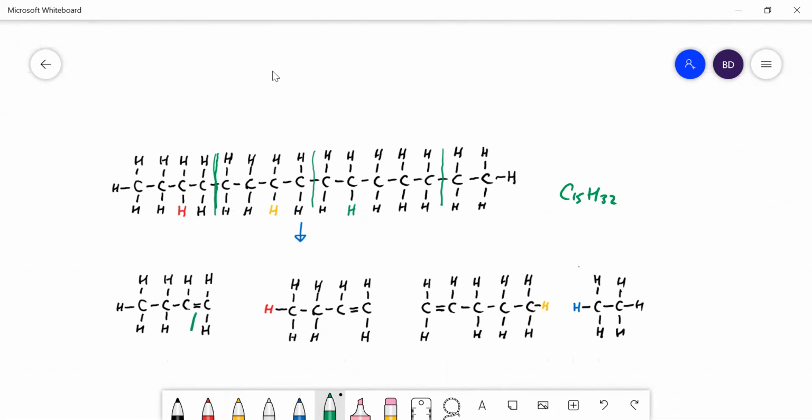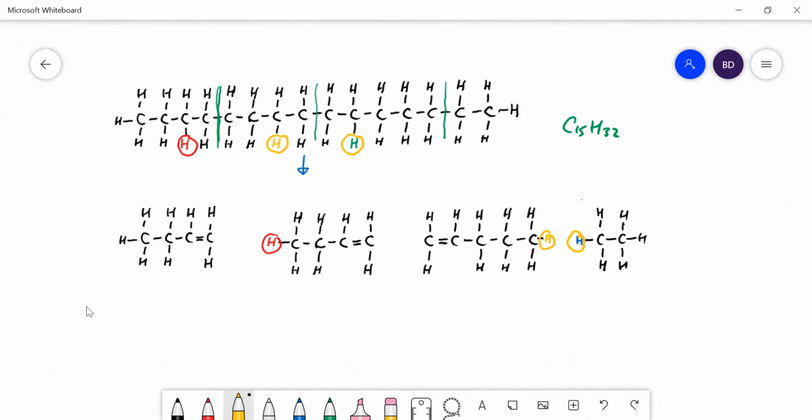We form a double bond there, new double bond there, one there, and one there. And there's been some rearrangement of the hydrogen atoms, so that red one there has fallen off and it's ended up there instead. That yellow one has had to come off because the double bond is formed, and that's ended up there. Okay, and I should have done that one in green, this green one, that's ended up there.